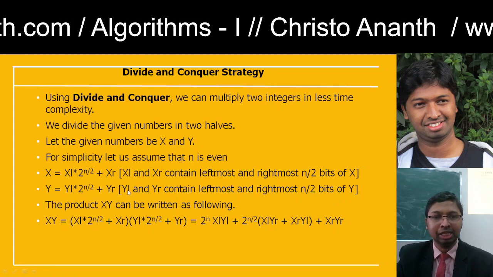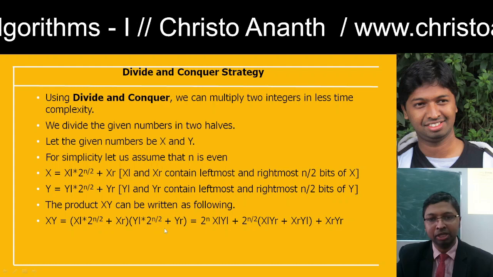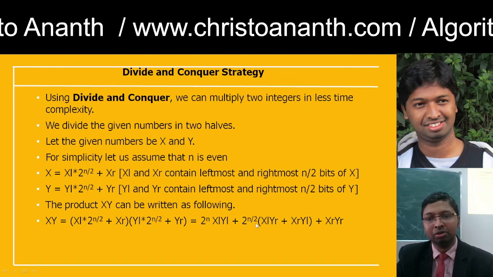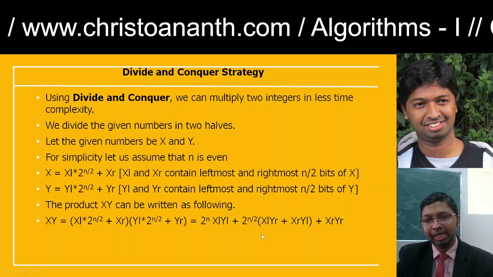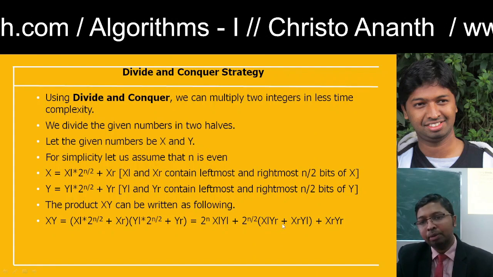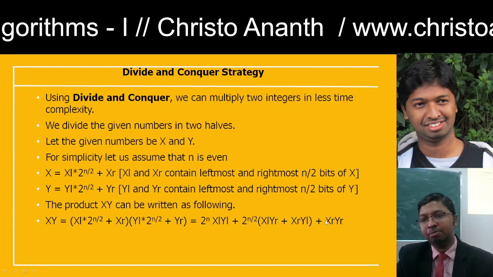Now we find the product xy. That is 2 power n xl yl, plus 2 power n by 2 times (xl yr plus xr yl), plus xr yr.